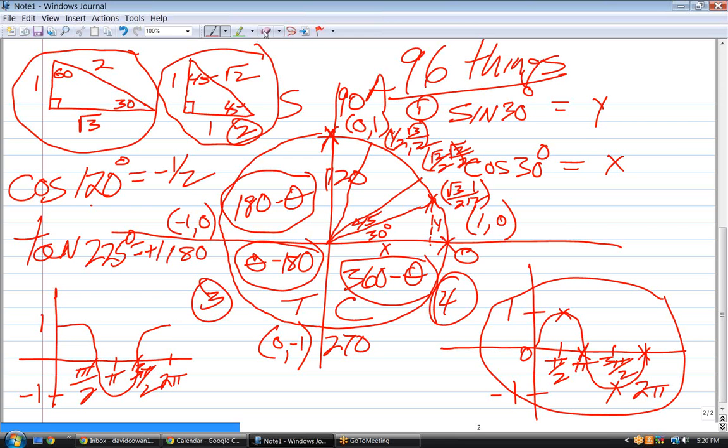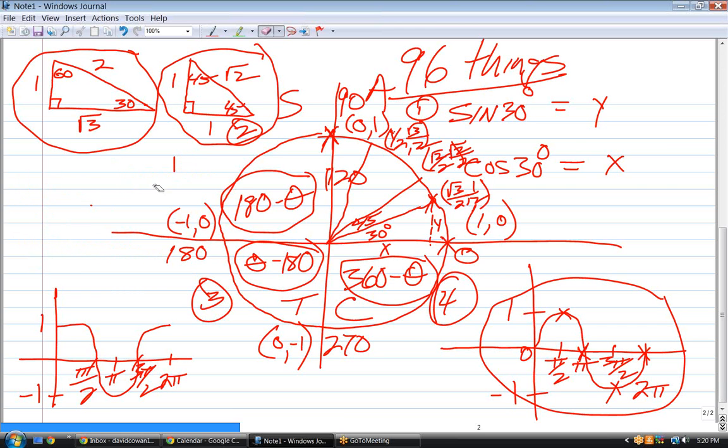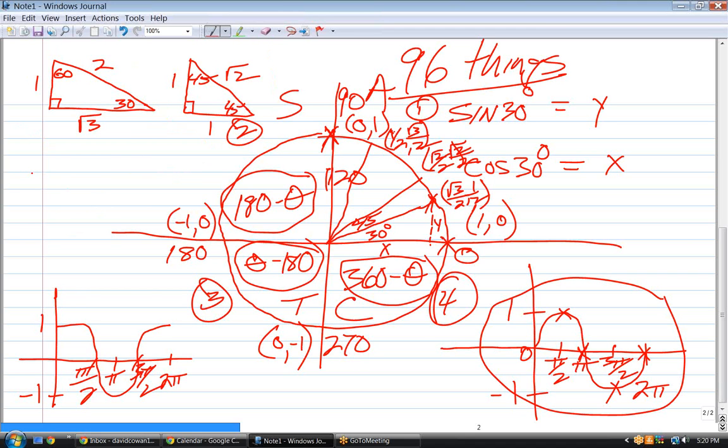And you can use that logic no matter what the angle or the trig function, positive or negative, greater than 360 or not. If I said, what's the sine of 390? Well, I'm going to take out all multiples of 360, so that's the same as the sine of 30.